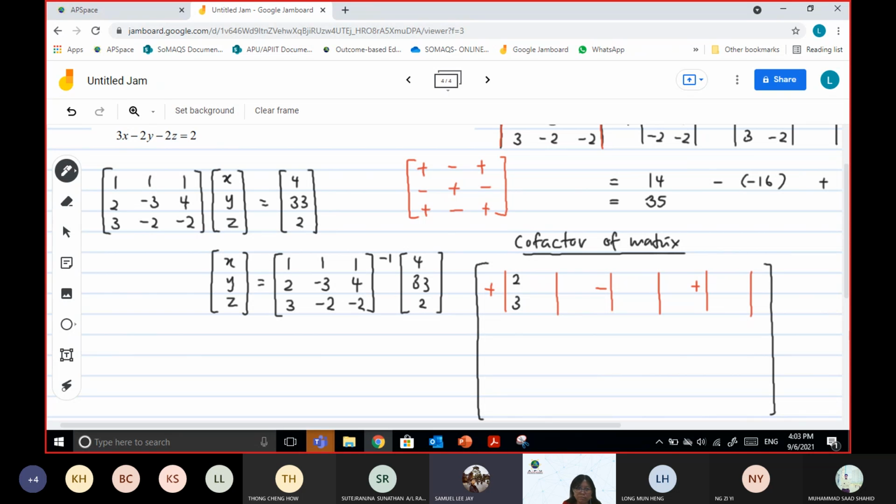Start off with negative 3, negative 2, 4, negative 2. Second one? 2, 3, 4, negative 2. Last one? 2, 3, negative 3, negative 2. Yep, correct.